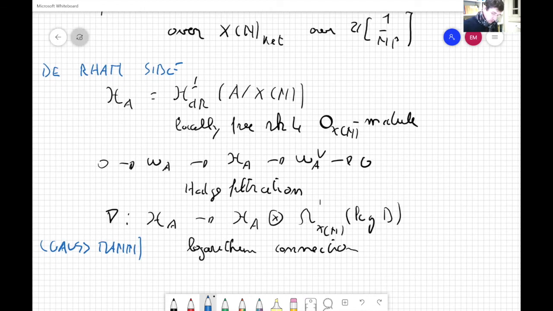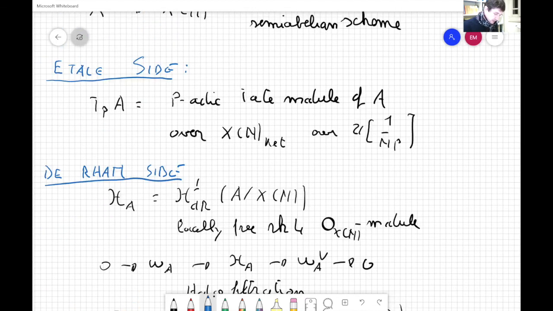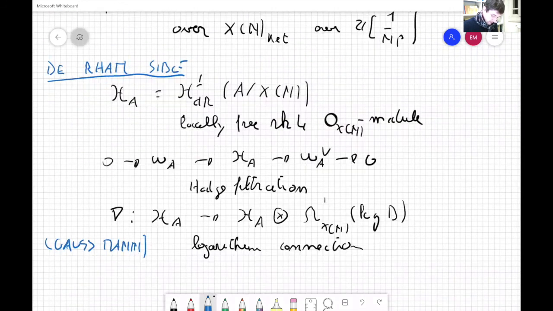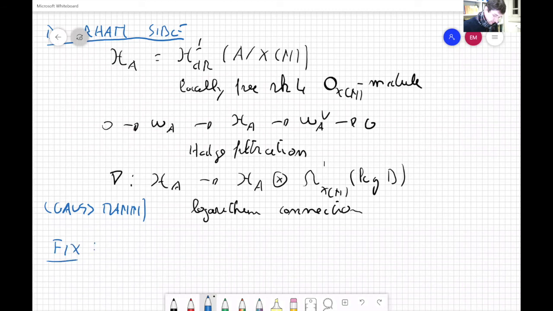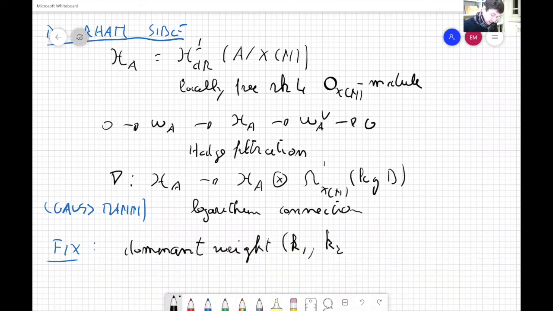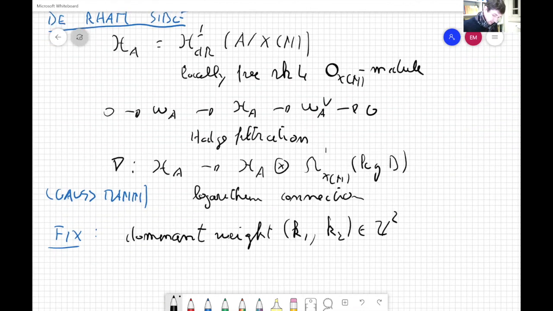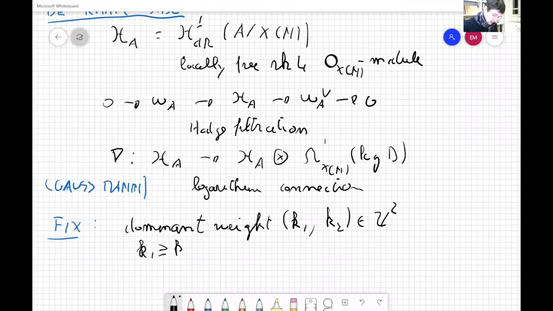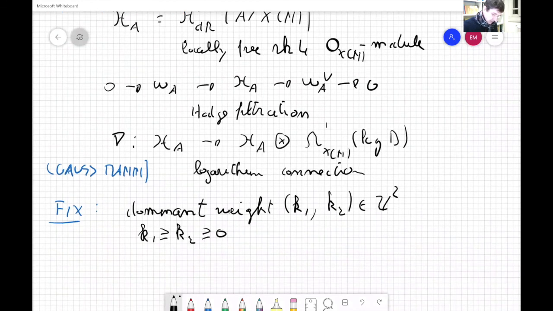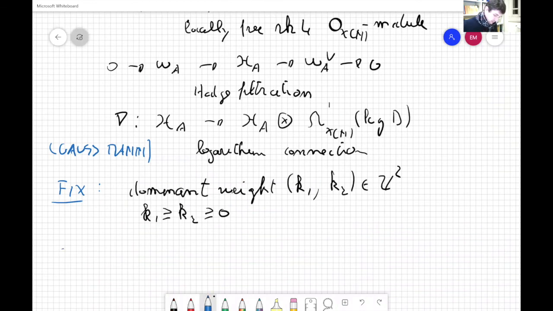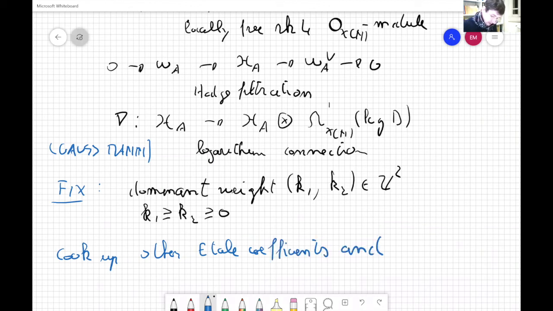And from these two, if I fix a dominant weight k1, k2 in Z squared, with k1 bigger or equal to k2 bigger or equal to 0, I can hook up other étale coefficients than just the p-adic Tate module, and also de Rham coefficients.